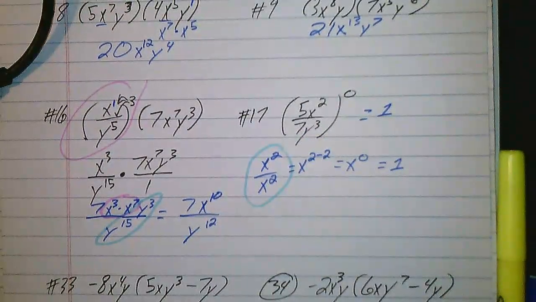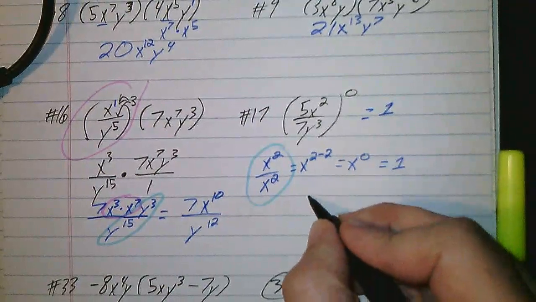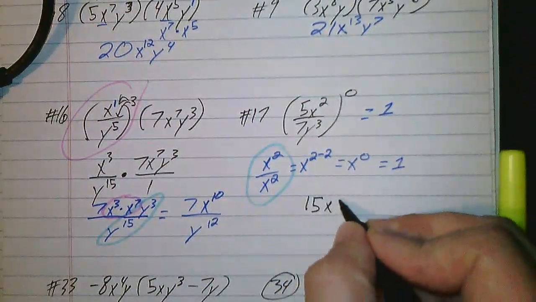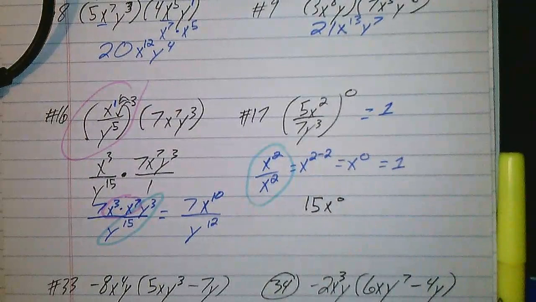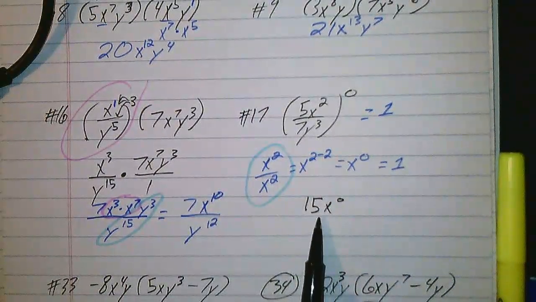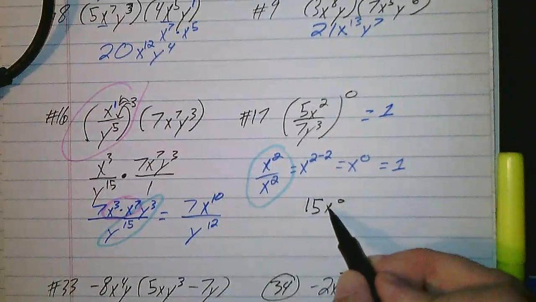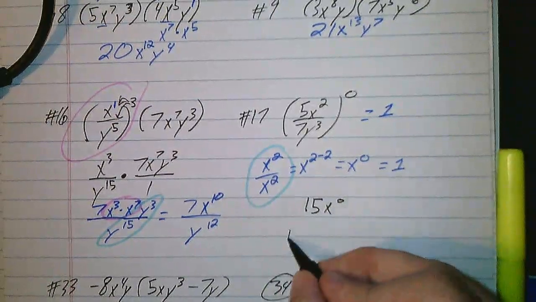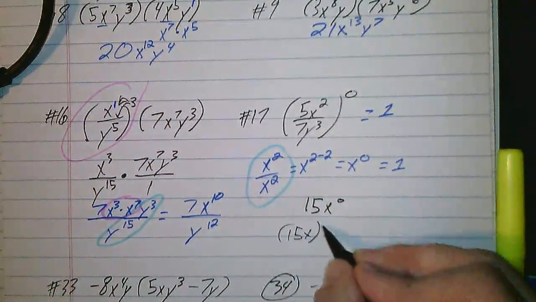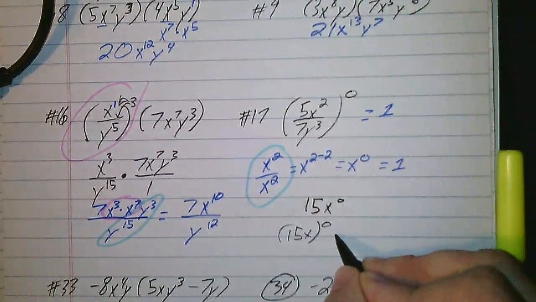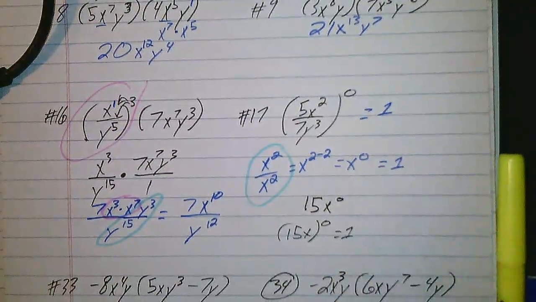The kind of tricky version of the zero exponent property, a question involving it, would be to say simplify this. Now, if it were 15x all in parentheses raised to the power of 0, that's definitely just 1. But here the 15 is not in parentheses.